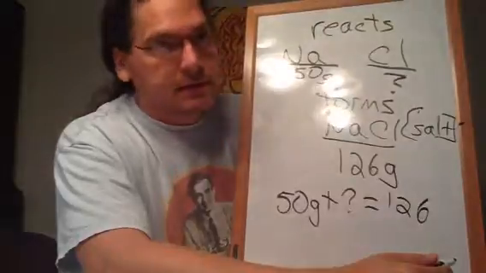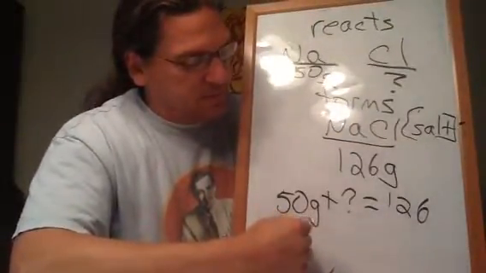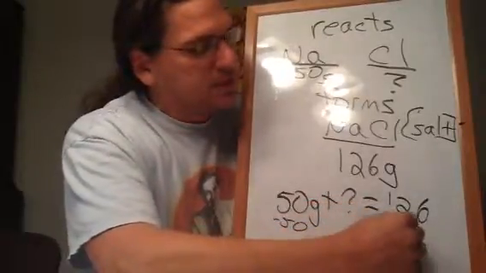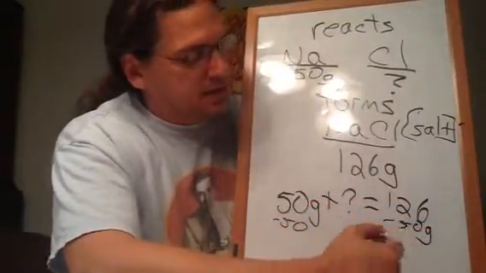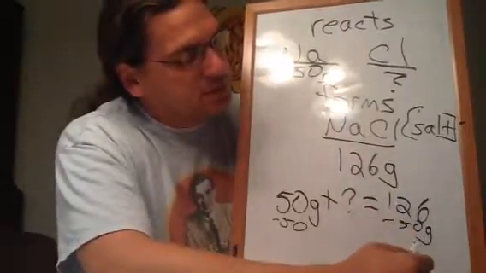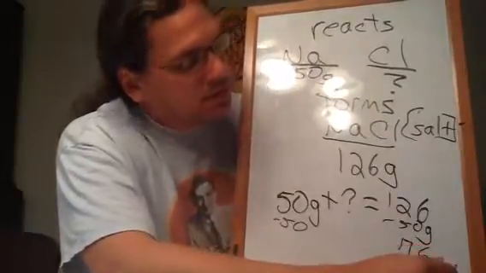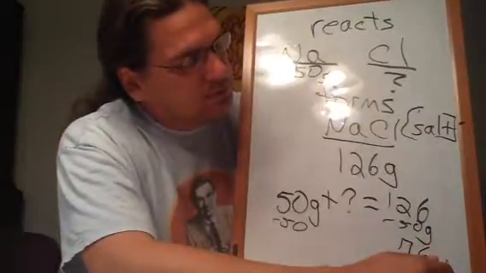Basic math tells us just to subtract both sides by 50. Subtract both sides by 50 grams. And that should give us exactly how much chlorine is left over. 126 minus 50 is 76. I think that's right. Sounds good.